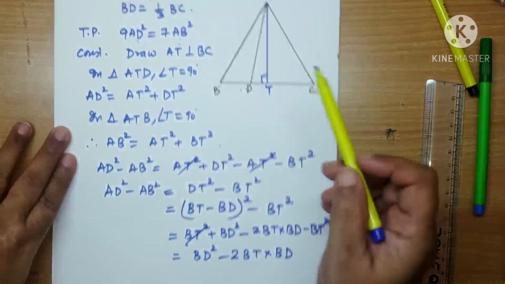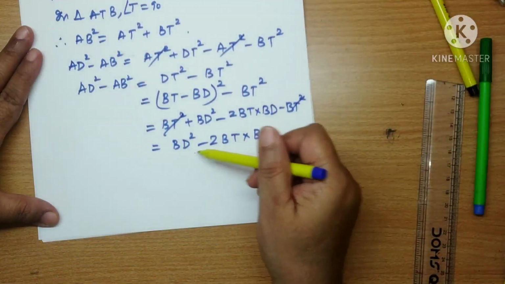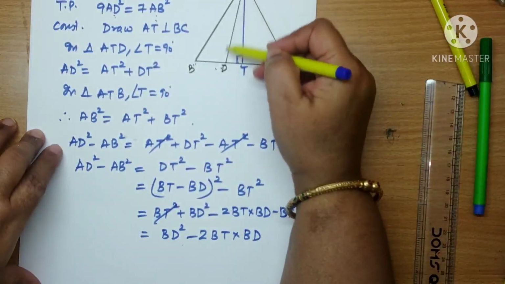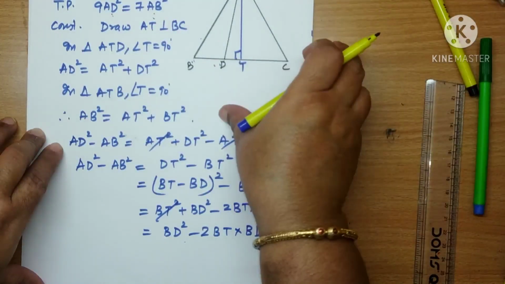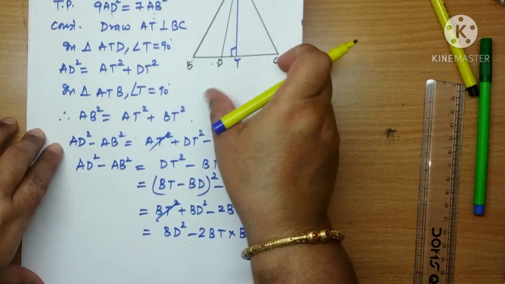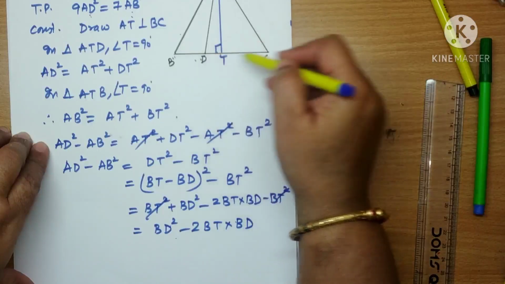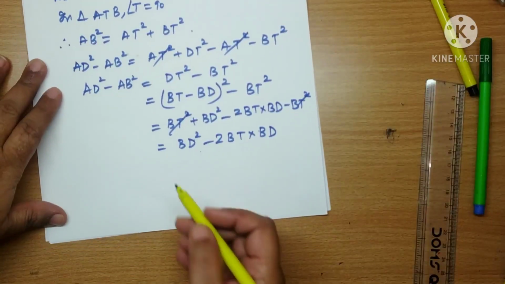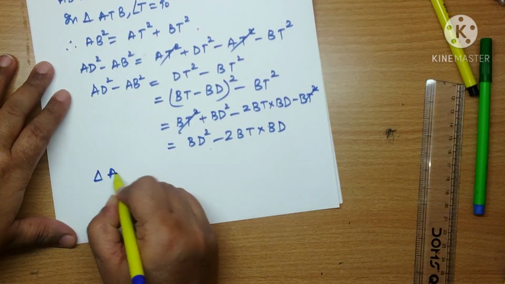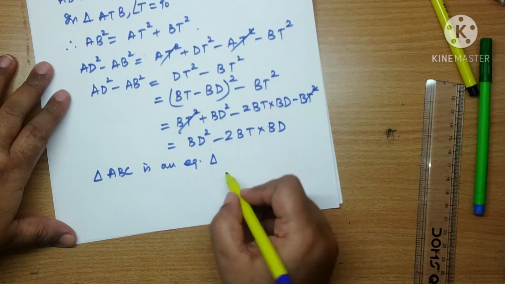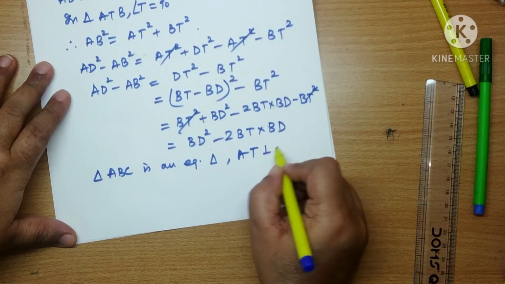But we want AD and AB only. So I do not want BD, BT, anything. I want all AD and the side of the triangle AB or any side of the triangle, because the triangle is an equilateral triangle. So can I express BD and BT in terms of BC? Let's see. Triangle ABC is an equilateral triangle, and AT is perpendicular to BC.